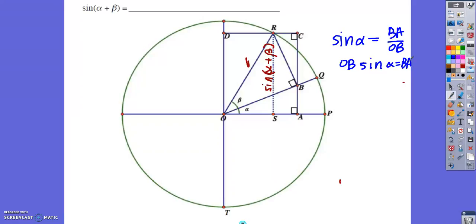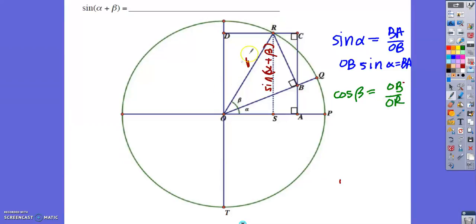Let me go ahead and set up a relationship with beta. I'm going to use this triangle here, with angle B being the right angle. So cosine beta is equal to OB over OR.